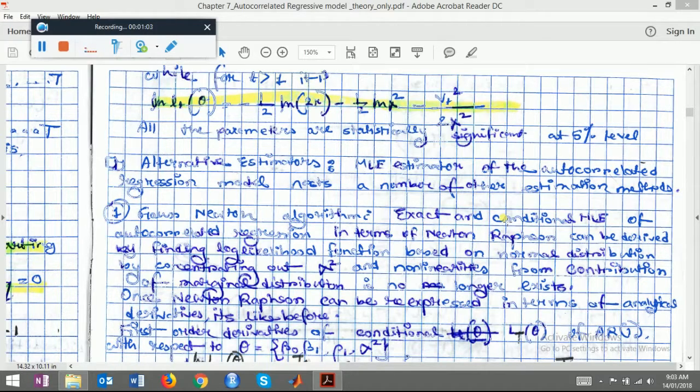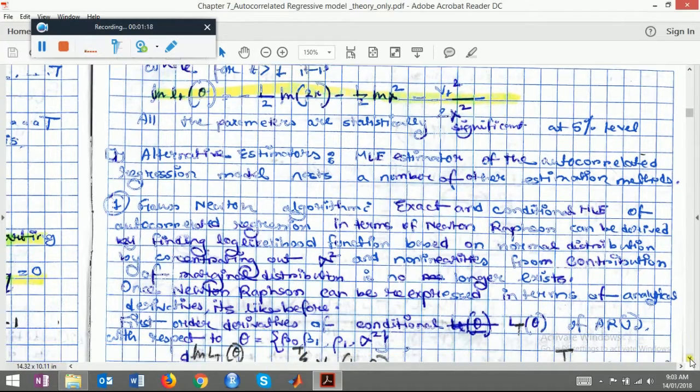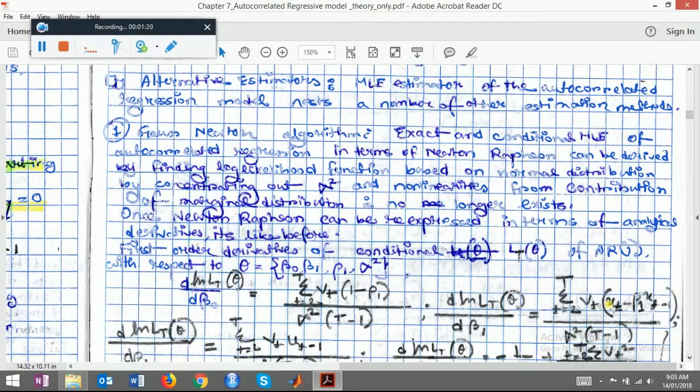So now we are going to talk about alternative estimators, meaning Gauss-Newton, Newton-Raphson, and other estimators. MLE estimators of the autocorrelated regression model nest a number of other estimation methods. To begin with, first the Gauss-Newton algorithm. Exact and conditional maximum likelihood estimators of autocorrelated regression in terms of Newton-Raphson can be derived by finding the log likelihood function based on normal distribution.